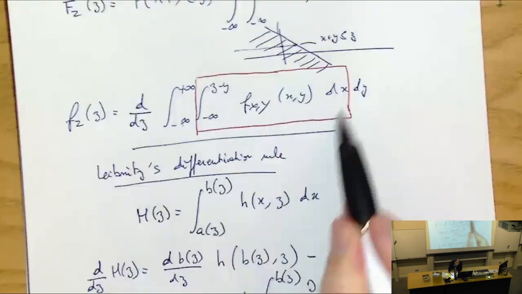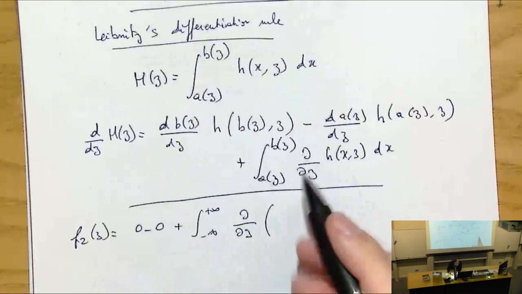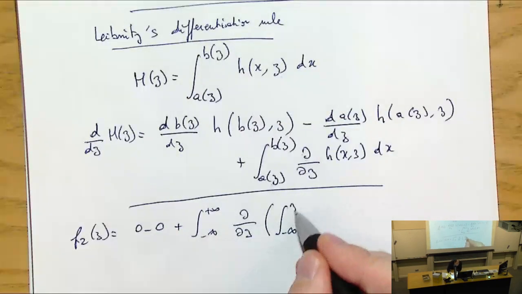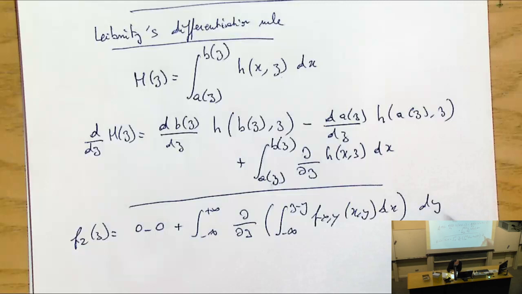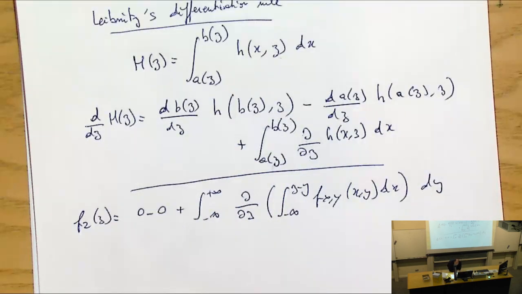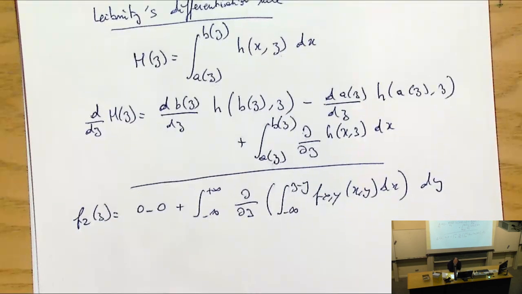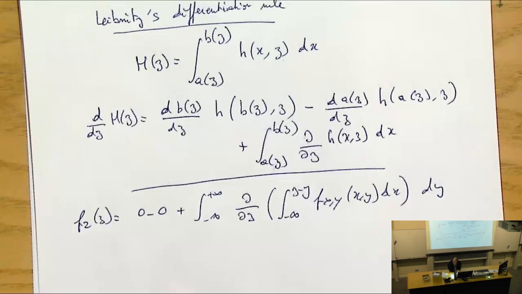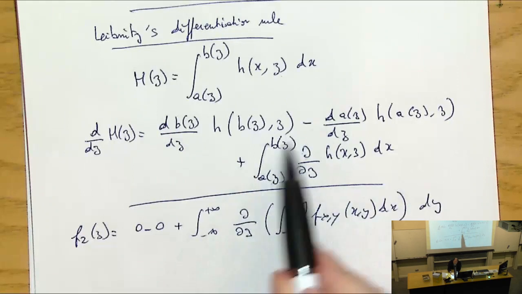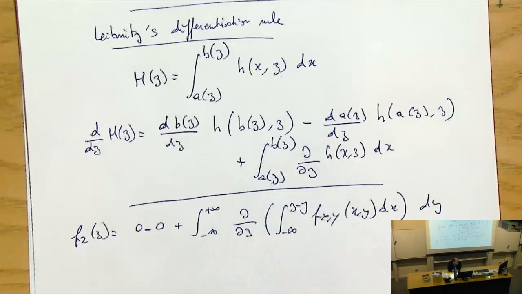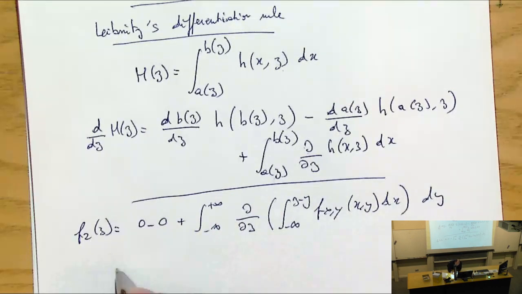Our h is this red integral, so it's the derivative of the integral from minus infinity of f(x,y) dx, and I have dy there. I'm applying Leibniz once. So this term here is what we have there. Now we can apply Leibniz a second time.